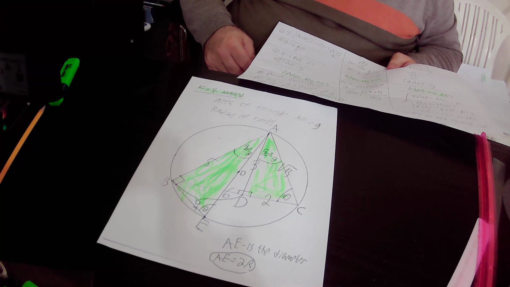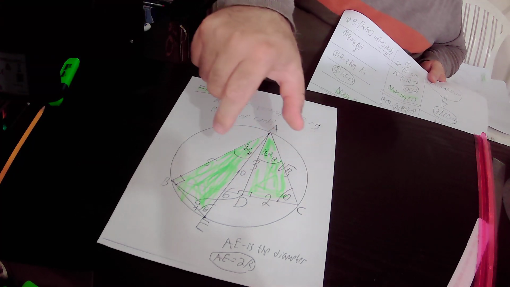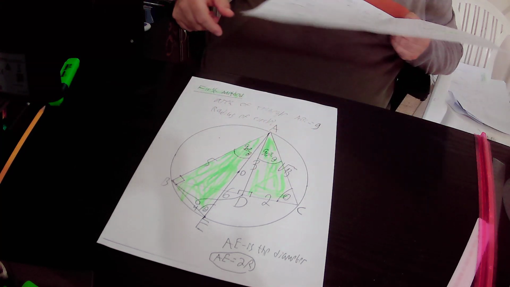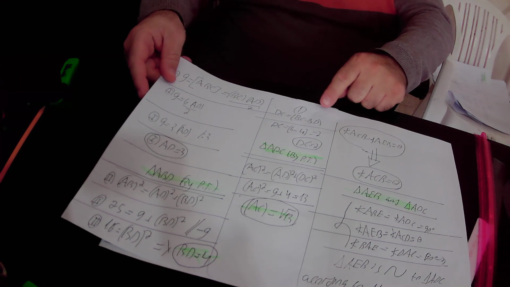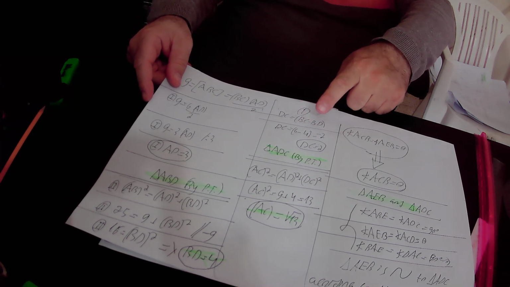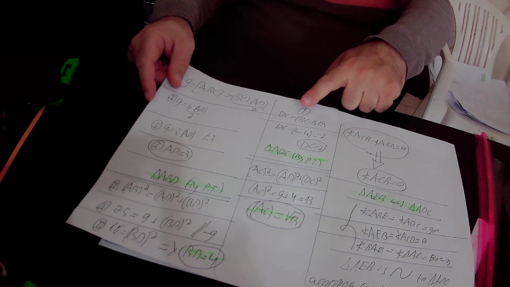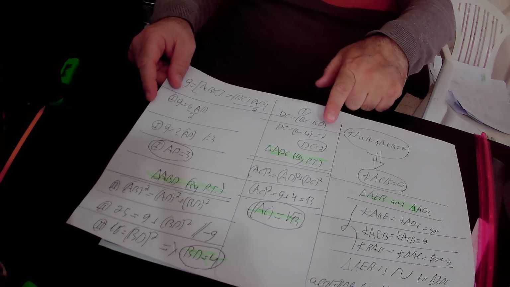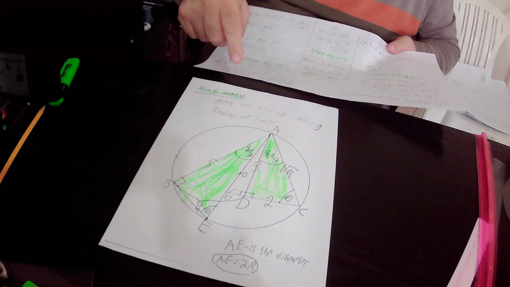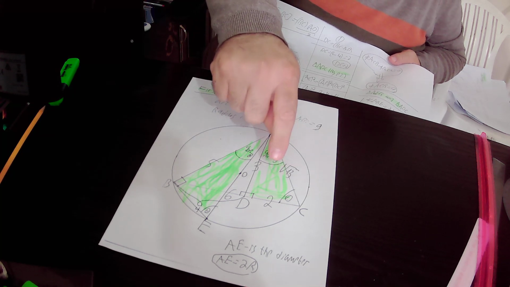Then, what is the value of DC? From the drawing it is very easy to see that DC equals BC minus DB. That is to say, DC equals BC, that is 6 units, minus BD, that is 4. So in conclusion, DC equals 6 minus 4, that is 2. So here, line 7, DC equals 2 units. Then we focus on the right triangle ADC.